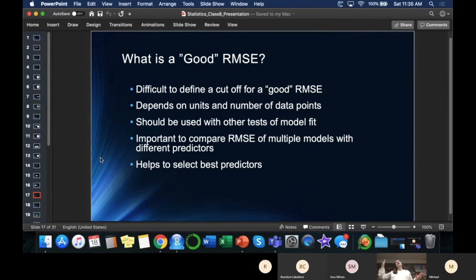Just by default, if you were looking at heart disease mortality, it's going to be bigger than a percentage. It's just the way we're looking at those units. So the units are going to matter here. What you use this more for is when you're comparing multiple linear regression models, where it's going to give you more information. We will go over that a little more later, looking at multiple models.